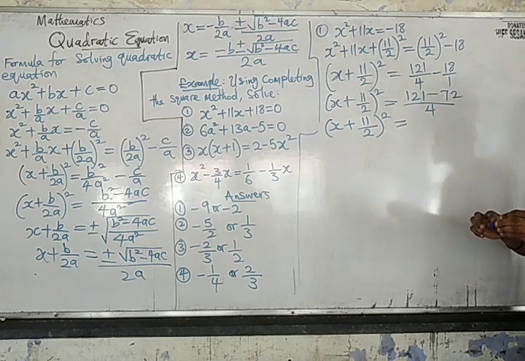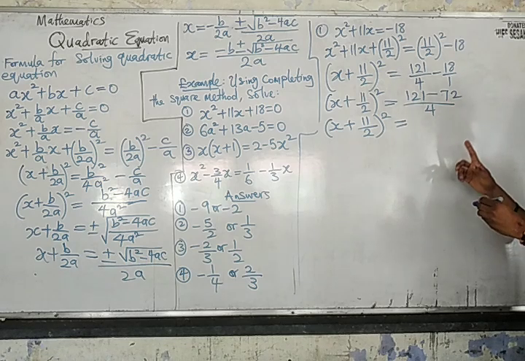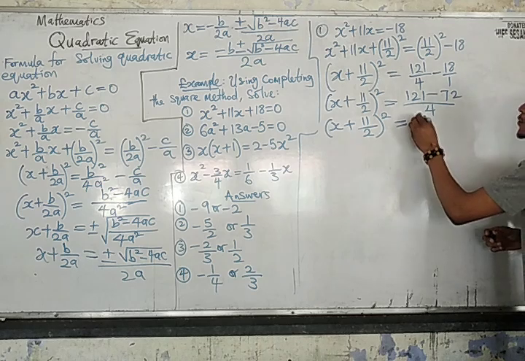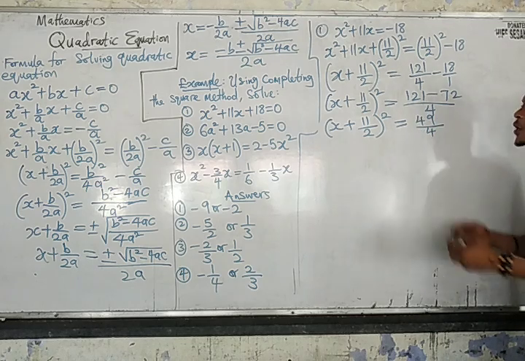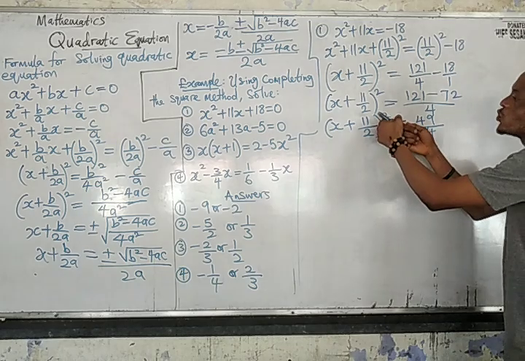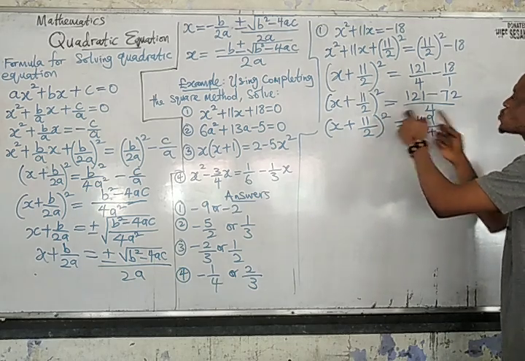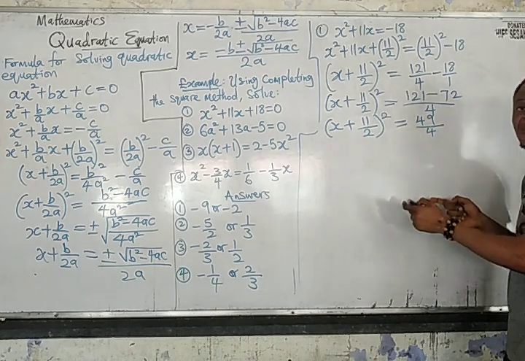121 minus 72, that's going to give us 49. We have 49 all over 4. Upon having this, we are going to remove this square. By the time we remove this square, it's going to result to square root of the right side.